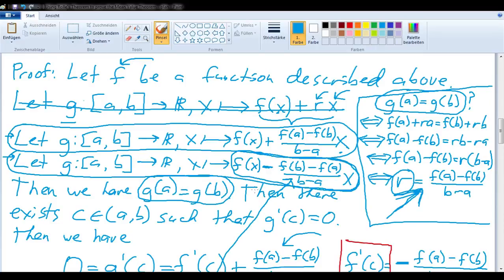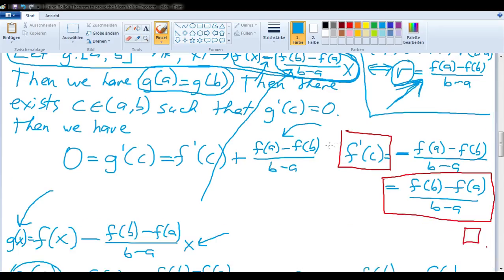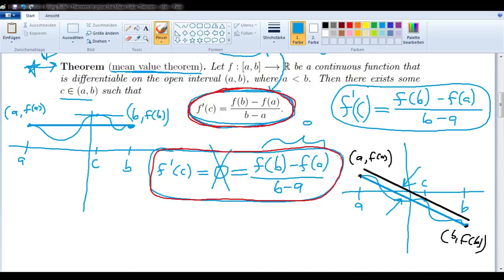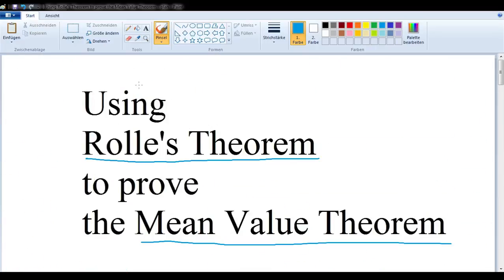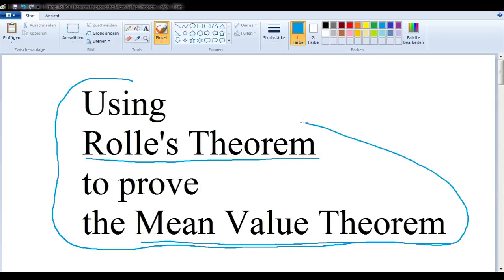We just had to change a positive sign to a negative sign, and we ended up with a rather elegant version that incorporated the same fraction as we have in our final answer. So there we have a proof of the mean value theorem using Rolle's theorem and a few philosophical musings in addition.